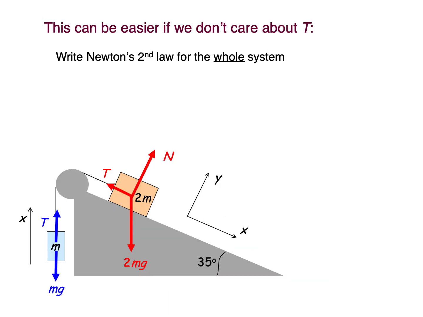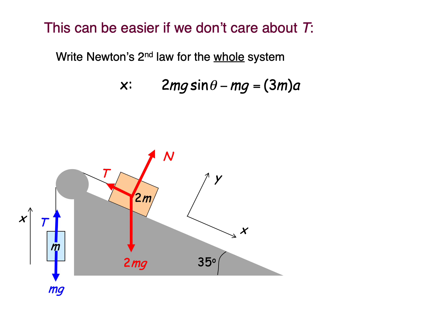Now, this can be easier if we don't care about the tension. We can write Newton's law for the whole system, bearing in mind that these things are accelerating together. We have the x direction, we have 2mg sine theta minus mg equals 3m times the acceleration of the two block system.